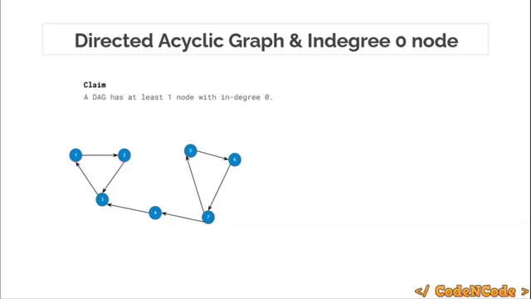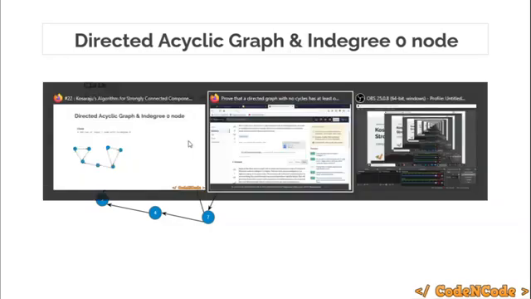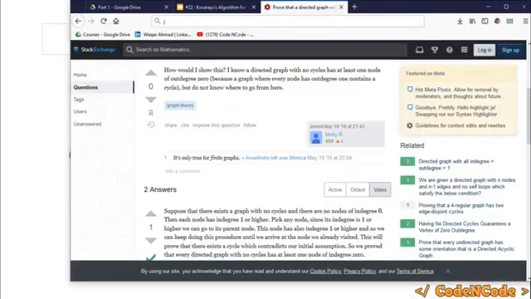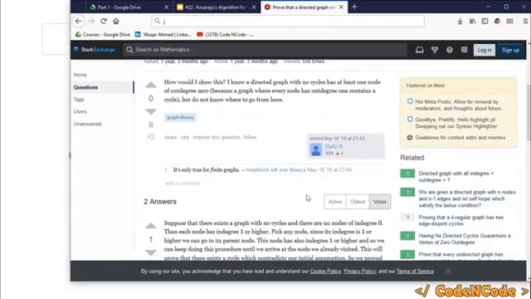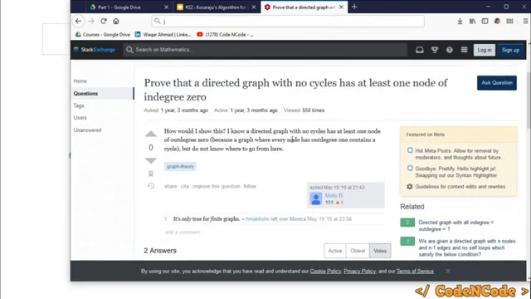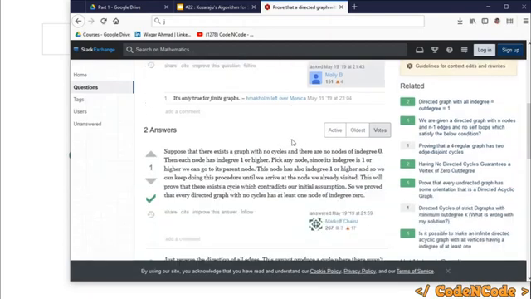Now what is the proof of it? I'm not going to prove that. I'll be putting the link of the proof from Stack Overflow. This is one of the proofs where someone has asked how to prove that if you have a DAG, then there exists at least one node with in degree 0.